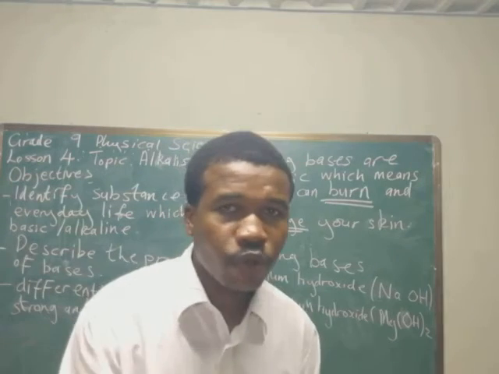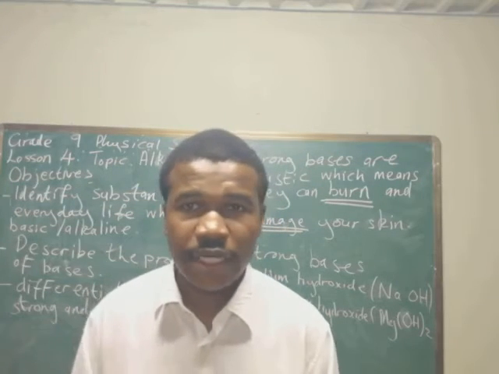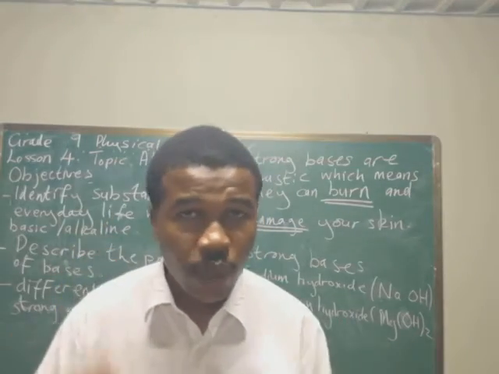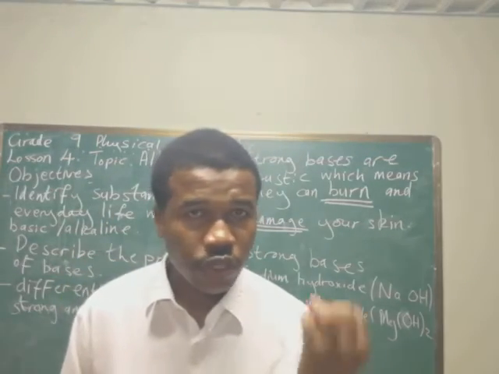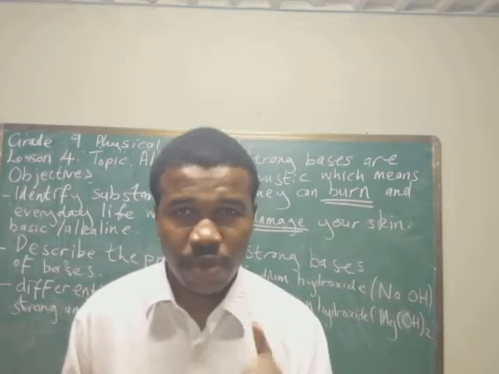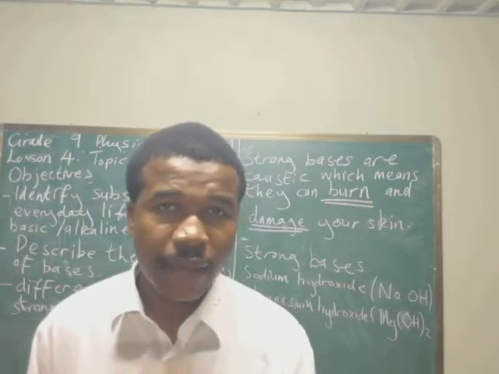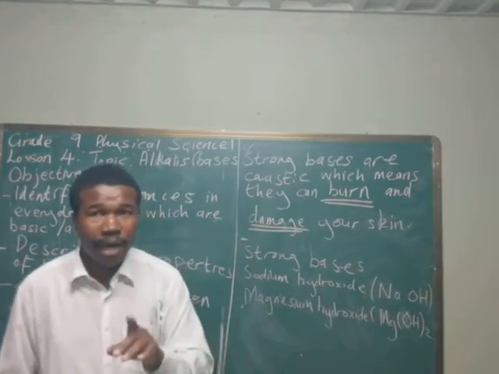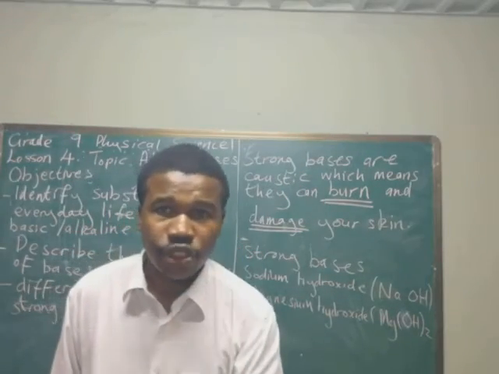Safety precaution, if you remember first thing when you're in grade 8, lab rules. You must always wear your goggles, your lab coat, your shoes, and your latex gloves when entering a lab. So strong bases are caustic, which means that they can burn and damage your skin.